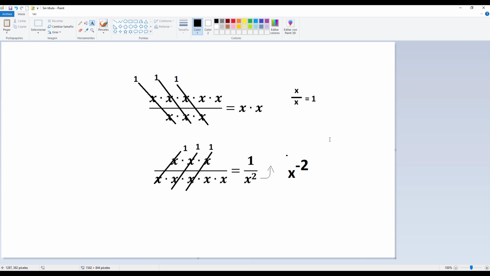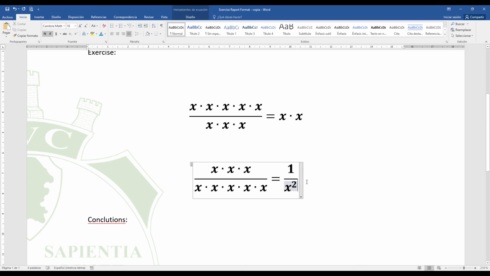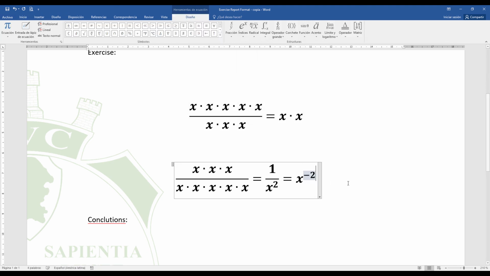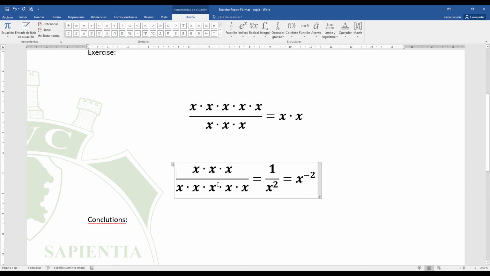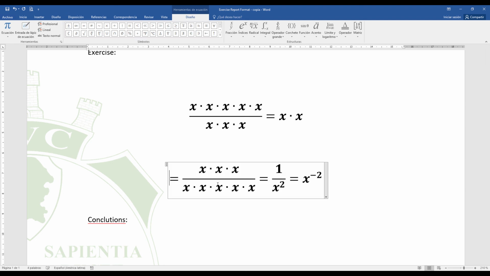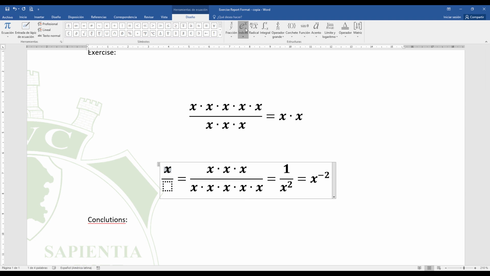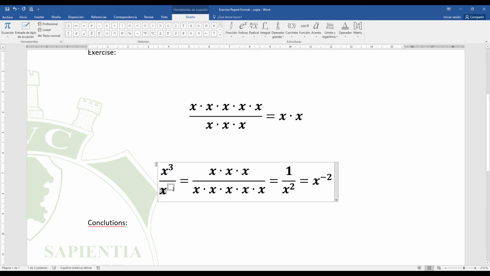So this is the reason that you have here the result of x raised to minus 2. Remember, it comes from x cubed divided by x raised to the 5th power.